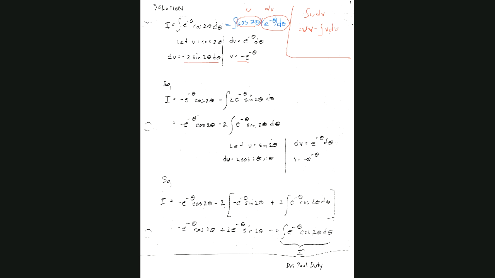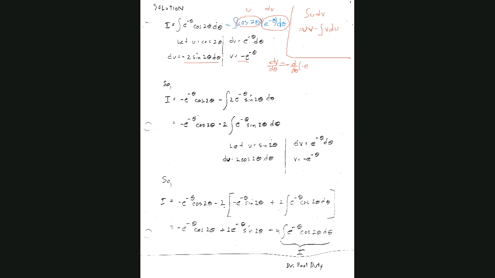Okay, why is the v value negative? Well, if I put in the detail, Aaron's asking that, dv d theta, by the chain rule, is the derivative of negative e to the negative theta.